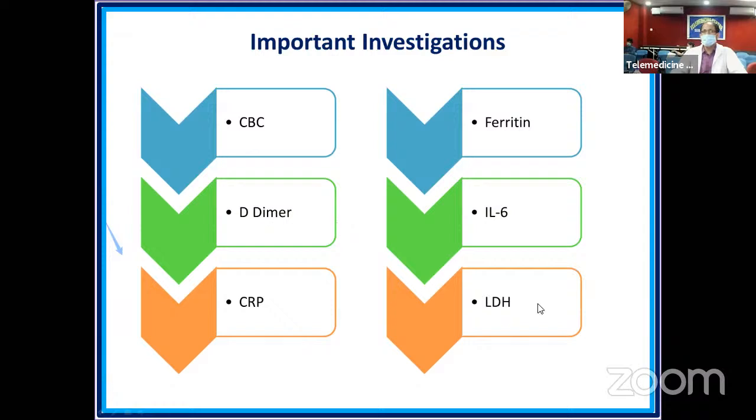But these tests are not available in all small COVID hospitals. They can send them to a special lab, but the report comes 2, 3, or 4 days later. So practically the utility is CBC and CRP. Every hospital should have CBC and CRP monitoring all the time, and by CRP I mean quantitative CRP, CRP (Q).